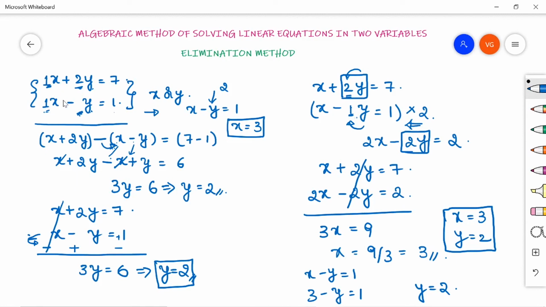If the coefficient of the variable is not equal, you can make it equal by multiplying either of the equations or both the equations with an appropriate constant such that the coefficients of either the variable x or y are equal. Then simply by adding or subtracting these two equations, you can get x or y, right? Then substituting it back into the equation, you can get the other variable also, right? This is the procedure for the elimination method.